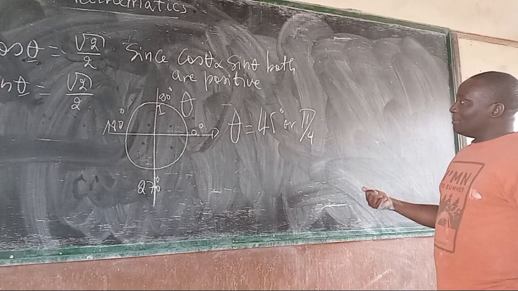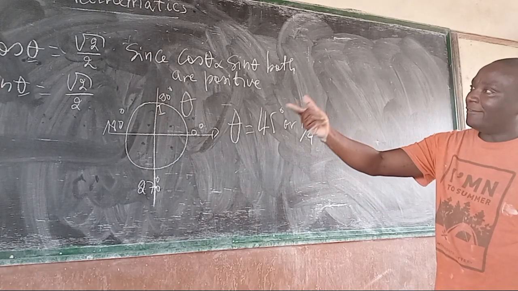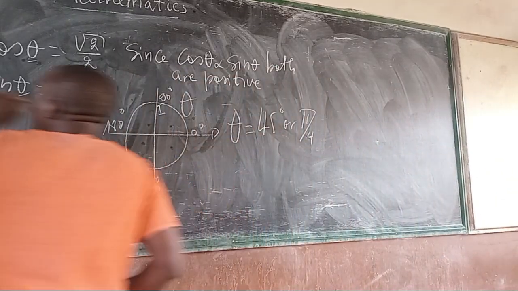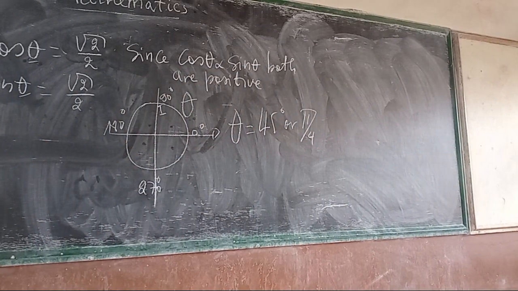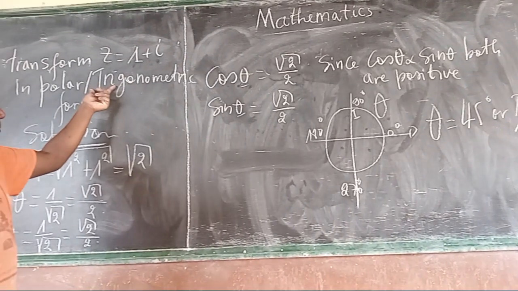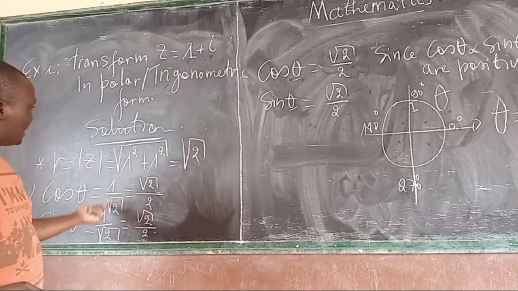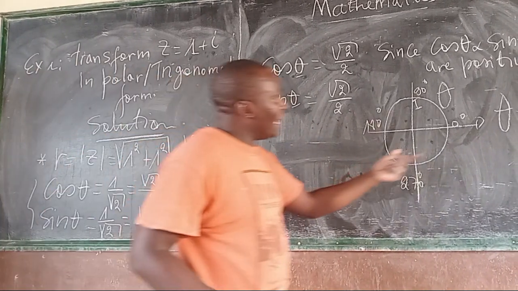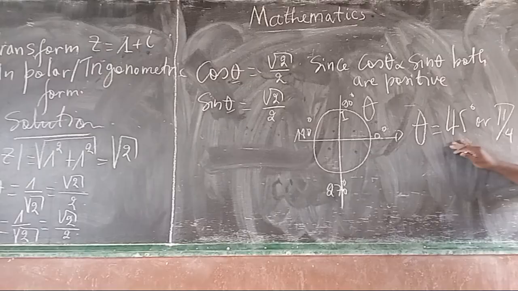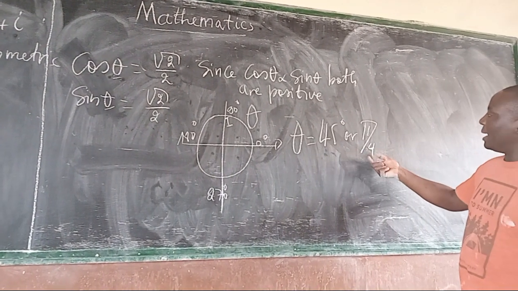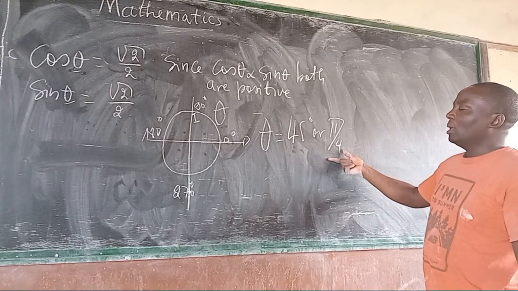Teachers, as you see me, the task we have is over. We have this task to transform this algebraic form into trigonometric form. We must know two things: the radius is given, square root of 2, and the argument is known now, 45 degrees or pi out of 4.